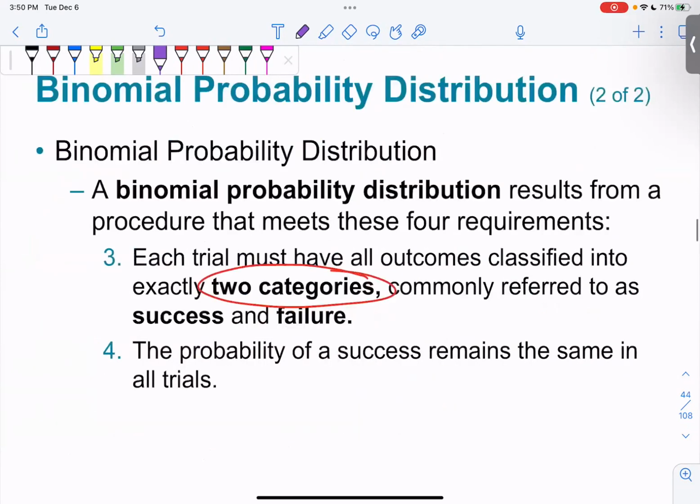Okay, and then the fourth requirement, which is the probability of success will be the same in each single try. By the way, now X is the number of successes, and B is the probability of success.